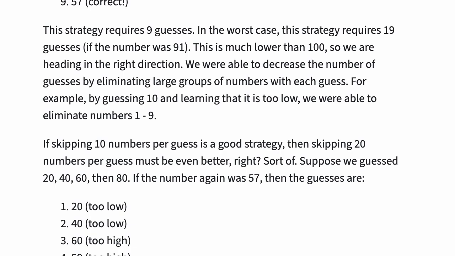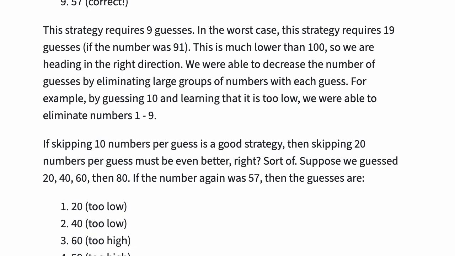We were able to decrease the number of guesses by eliminating large groups of numbers with each guess. For example, by guessing 10 and learning that it is too low, we were able to eliminate numbers 1 through 9. If skipping 10 numbers per guess is a good strategy, then skipping 20 numbers per guess must be even better, right? Sort of.